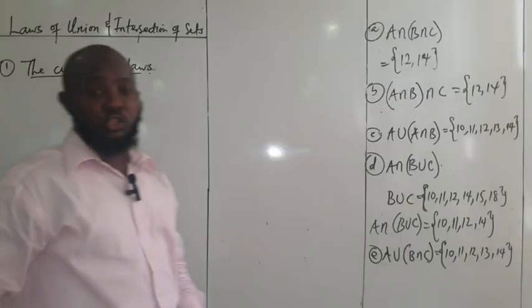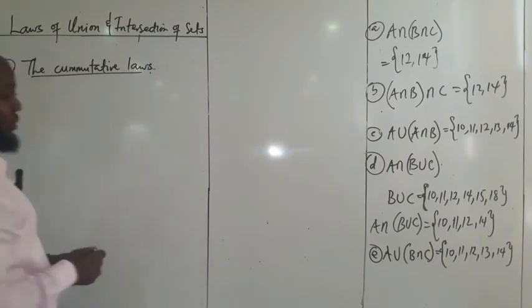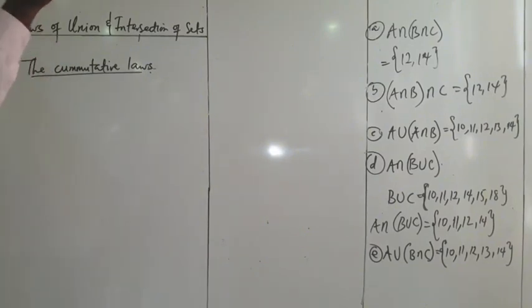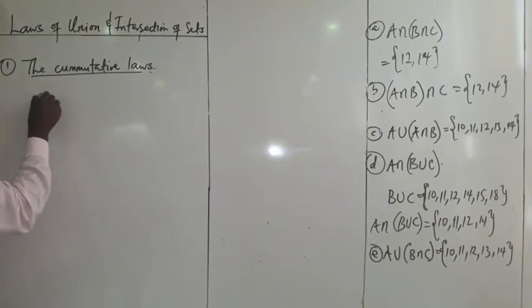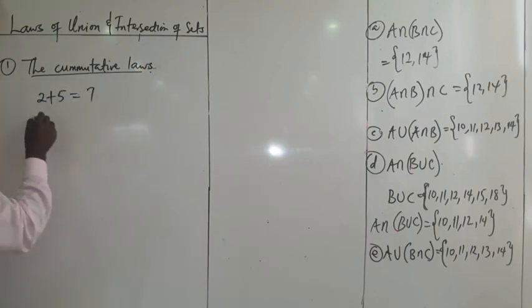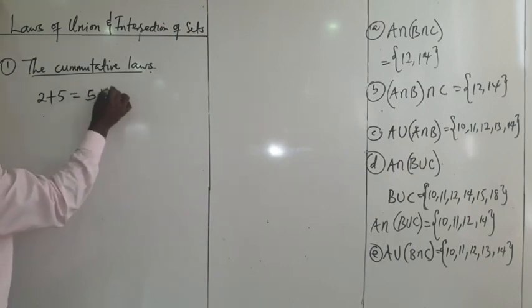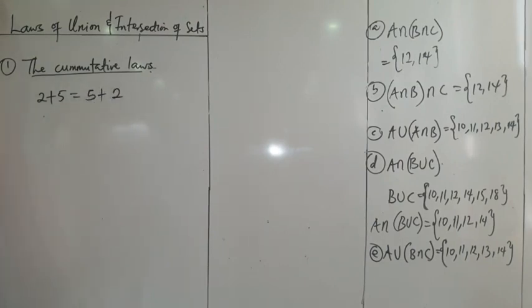The first law we're going to look at is what we call commutative law. Under commutative law, just like when you have 2 plus 5 to give us 7, the same thing is saying we can write it as 5 plus 2. Same thing with this one.